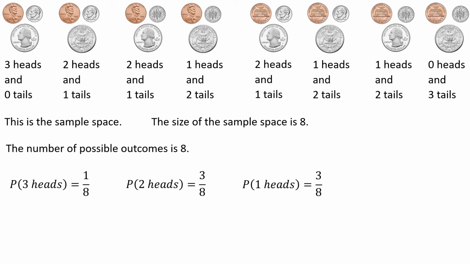Probability is 3 out of 8. The probability that none of them are heads, that everything is tails, well, 1 chance out of 8 that will happen. So there are the probabilities.